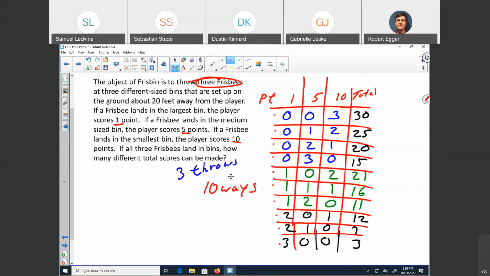Then you just add them up. Again, it's a list and a little bit of math and process. Now you multiply 10 by 3 or 10 by 2 and 1 by 1 and so forth, and get your scores.